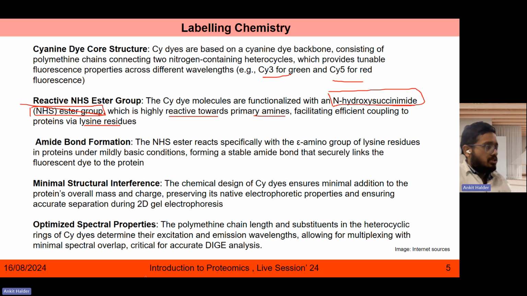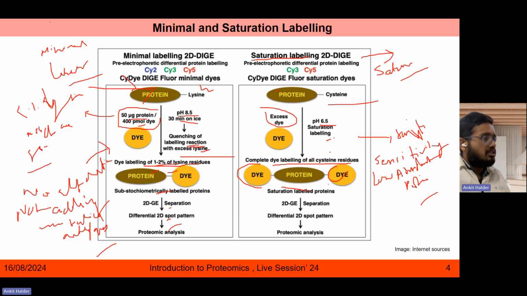Third is the amide bond formation. This NHS ester reacts specifically with the amino group of lysine residues in proteins under mildly basic conditions, right? That's why we said it is at pH 8.5.